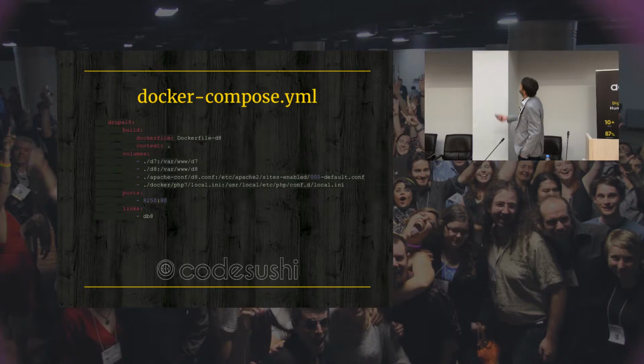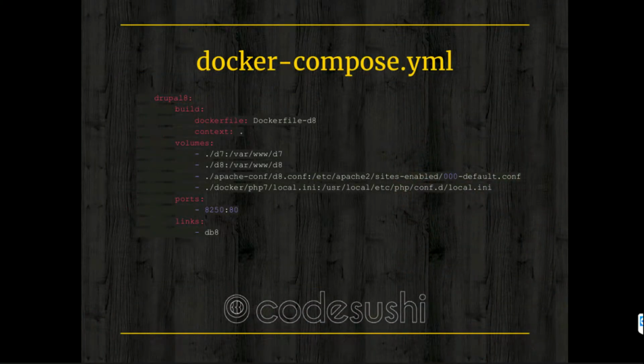And here is the configuration for Drupal 8. This is the build, so we specified the Dockerfile, and it will build the given container. Here are the volumes. We take a directory, confusingly named D7, which will contain Drupal 7 source code.